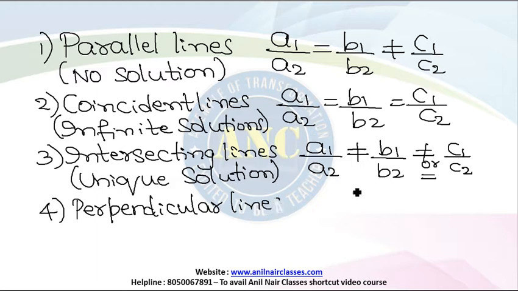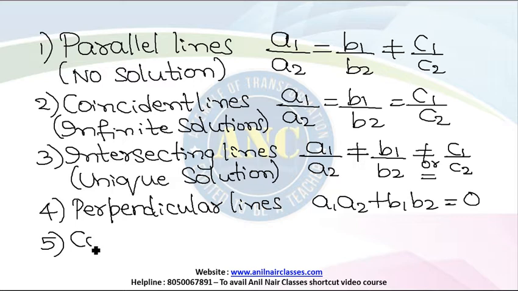The condition for two lines to be perpendicular is a1 a2 plus b1 b2 is equal to 0. And the last kind of line we discussed is concurrent lines. If two lines are intersecting at a single point, then they are called intersecting lines. But if more than two lines are intersecting, then they are called concurrent lines.